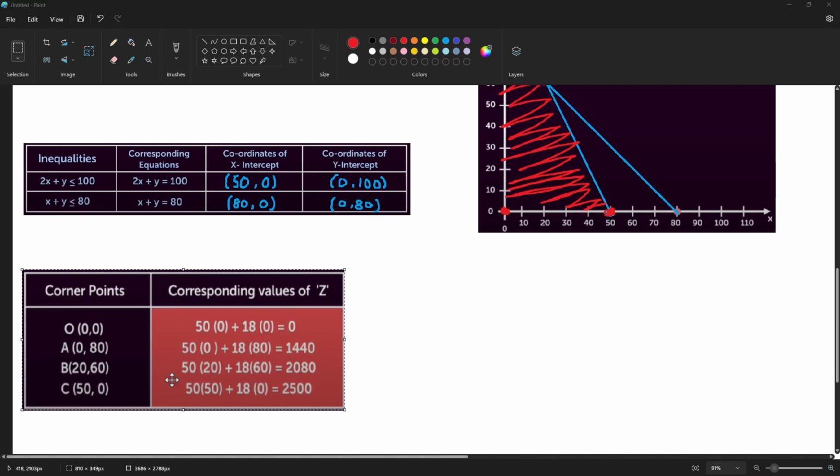And since point C has the highest value, it will be considered as the optimal solution. Equals point C.